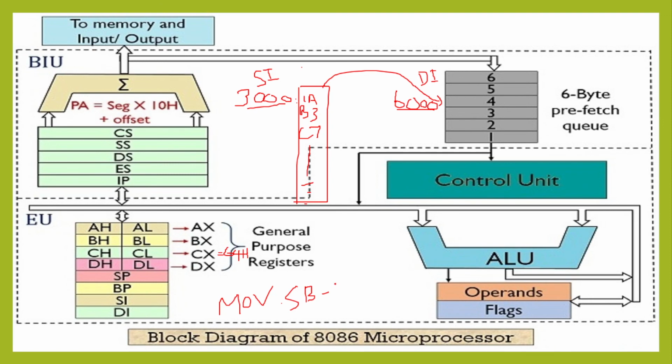For example, 6C, this is not exact, I am just giving it as an example. Assume 6C is an opcode stored in binary as 0110 1100. This is the number we will get from memory.